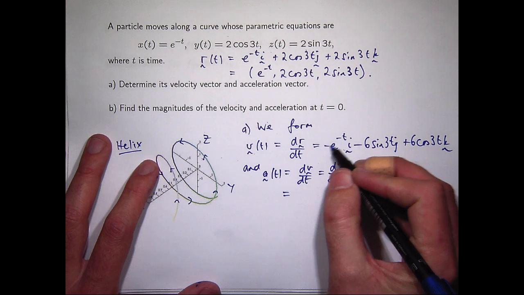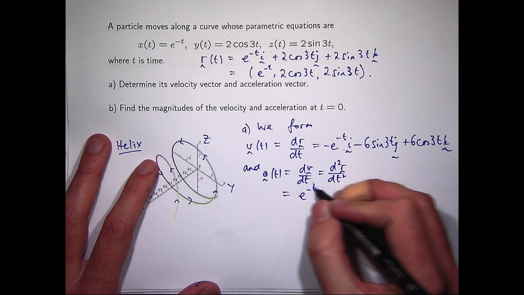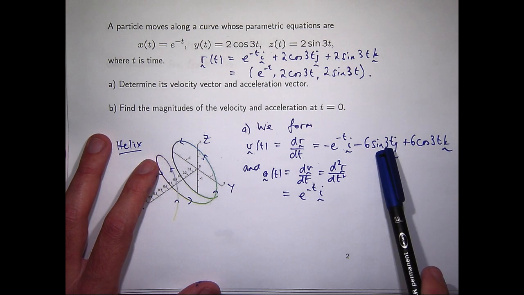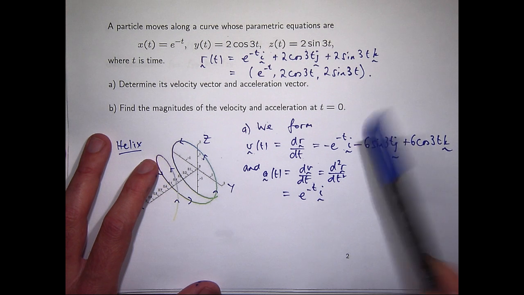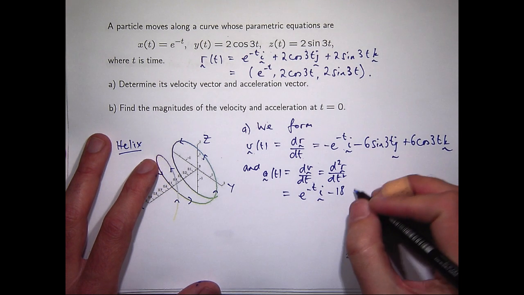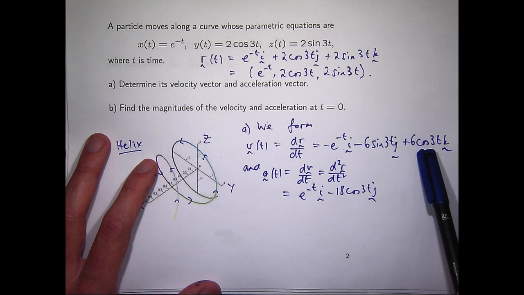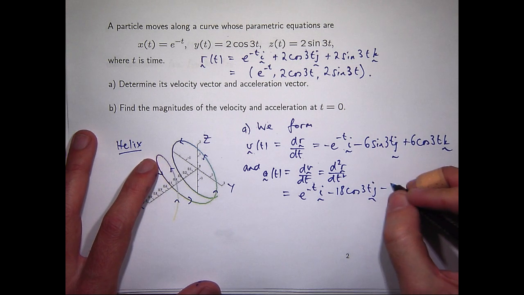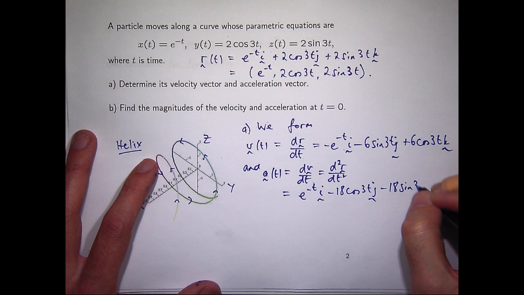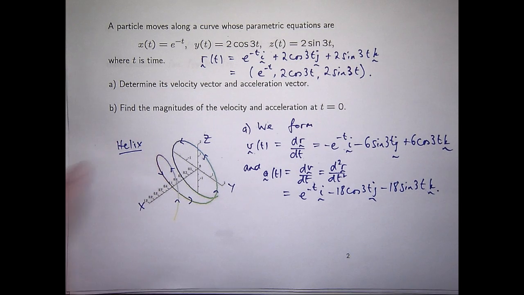So the e to the minus t is going to just become e to the minus t. Sine's going to go to a cosine. The 3 is going to come out the front. And the cosine's going to go to a negative sine. So note again, our answer for the acceleration is a vector. It's a vector function of one variable, time, t. So it's pretty easy so far.